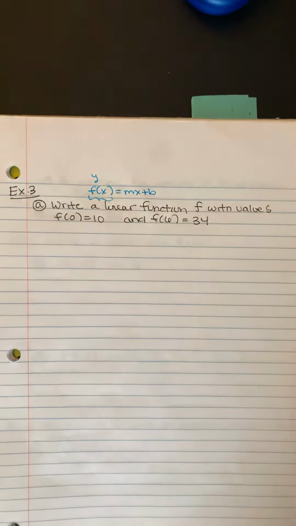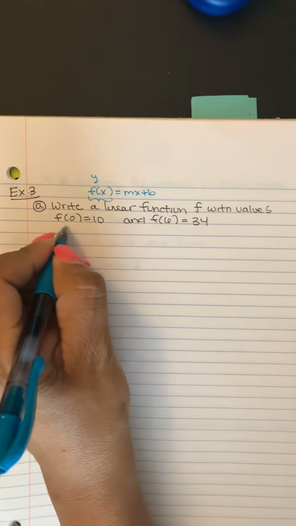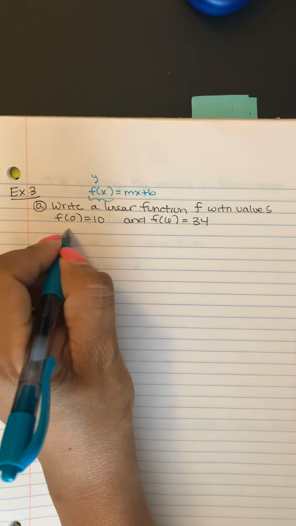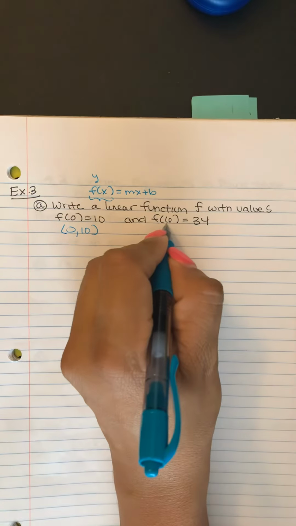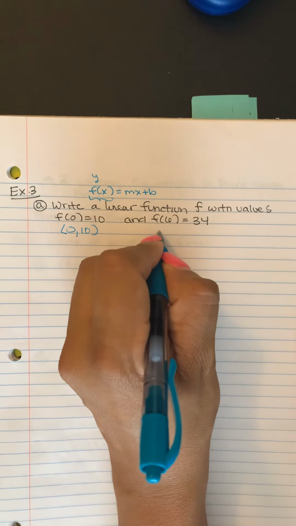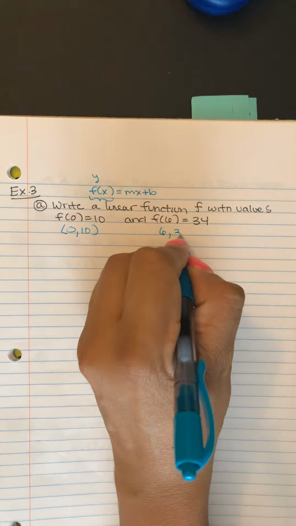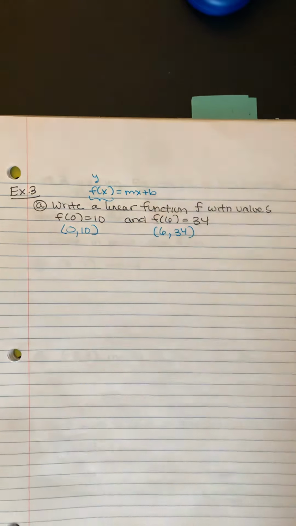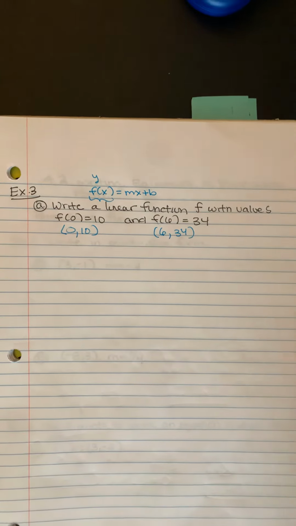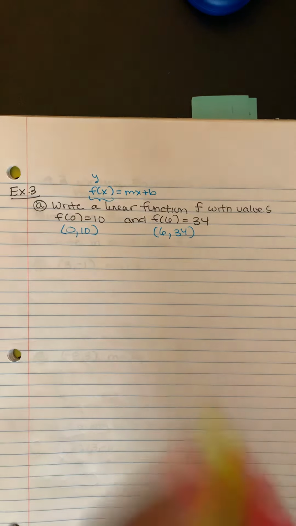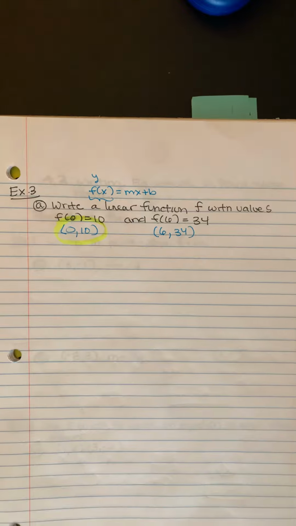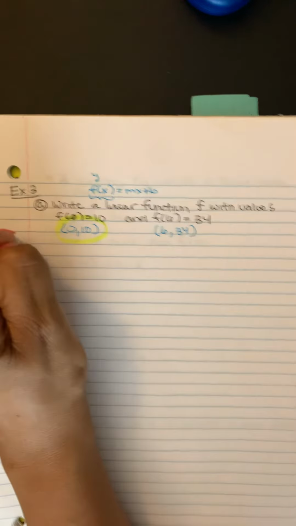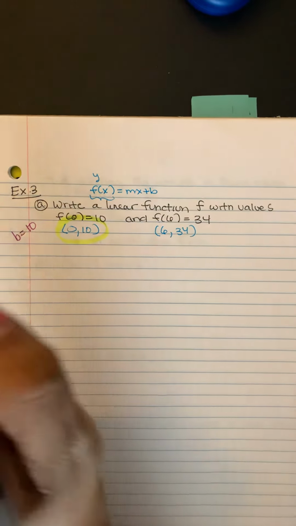So I do want to let you know that these are functions, and remember, the input is 0 and the output is 10, so this is a point. f of 6 is equal to 34, so our input is 6, our output is 34. This is another set of points, okay? What do I notice? I notice that this is a special point. I notice that it's my b, so my b is equal to 10.